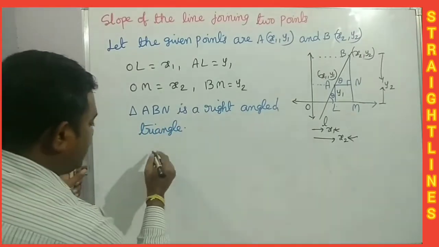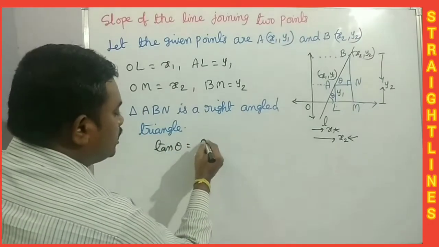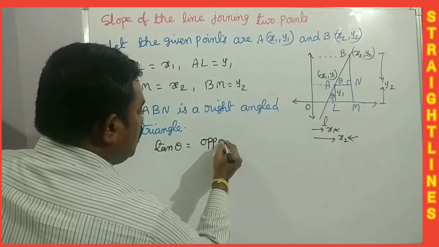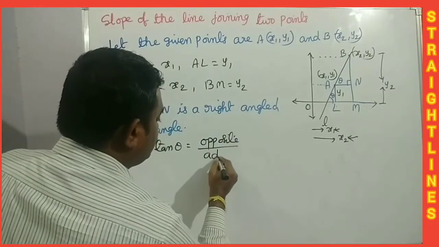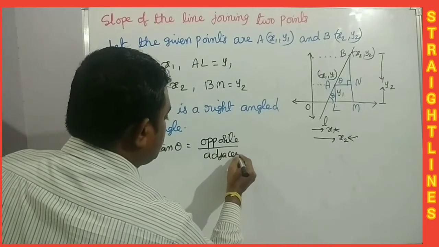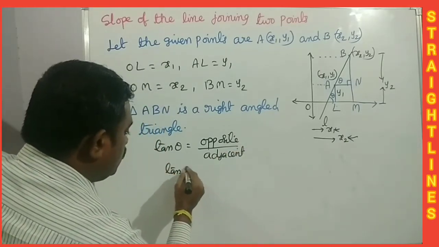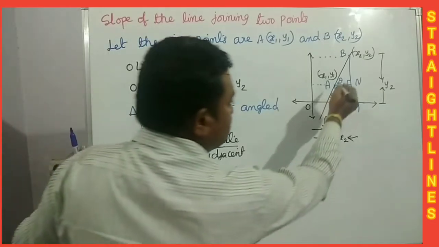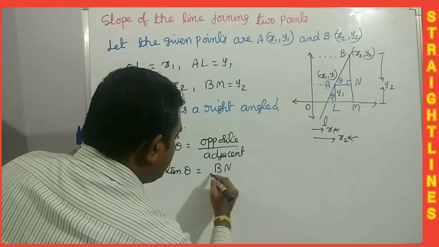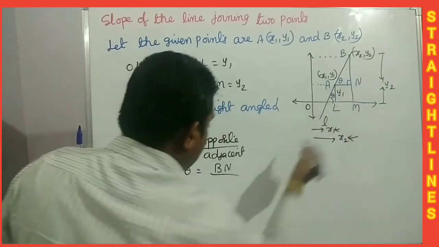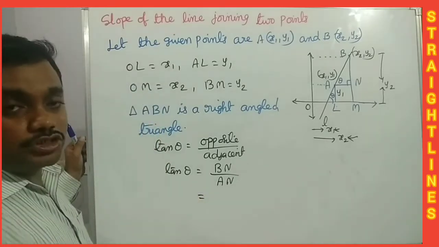Now tan theta equal to, what is the tan theta formula? Opposite side by adjacent side. What is the opposite side? This angle opposite side is BN by adjacent side is AN. Tan theta means slope of the line.